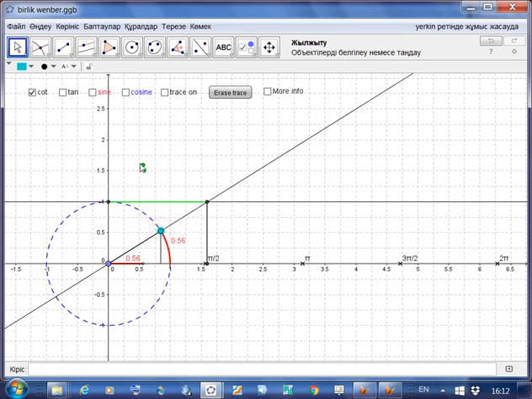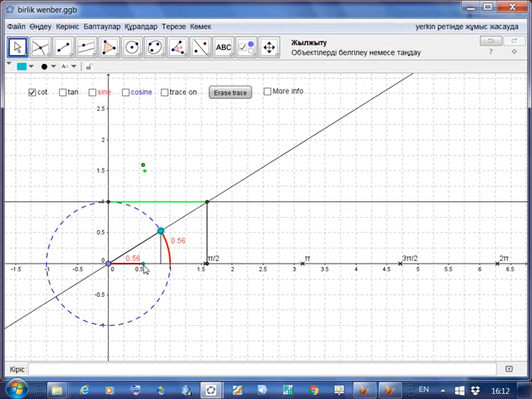Okay, this point, the y coordinate of this point gives us the value of the cotangent for which angle?